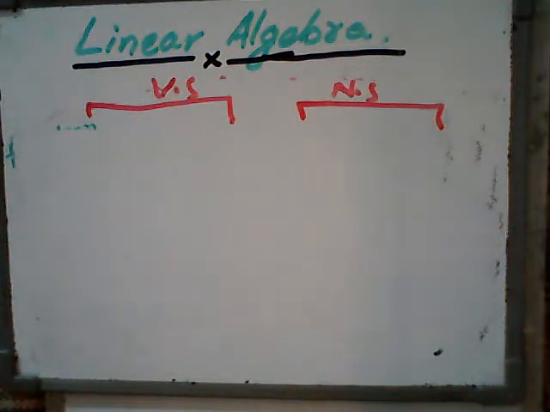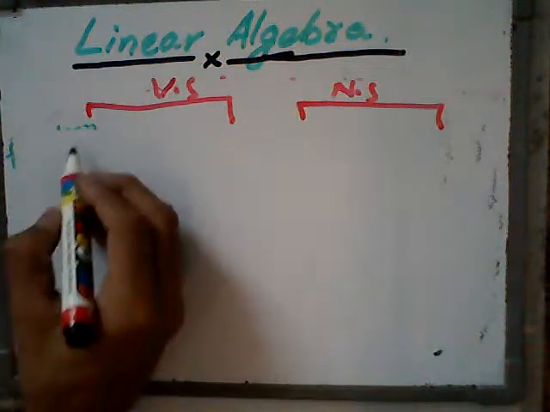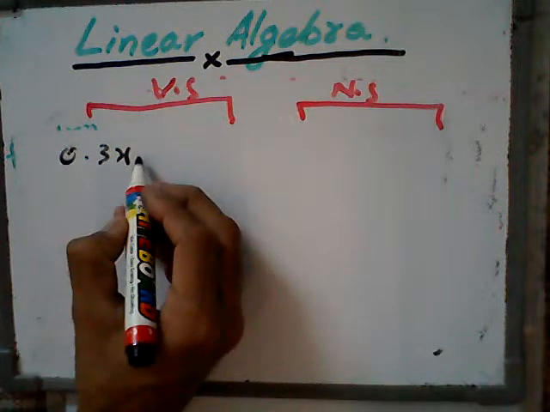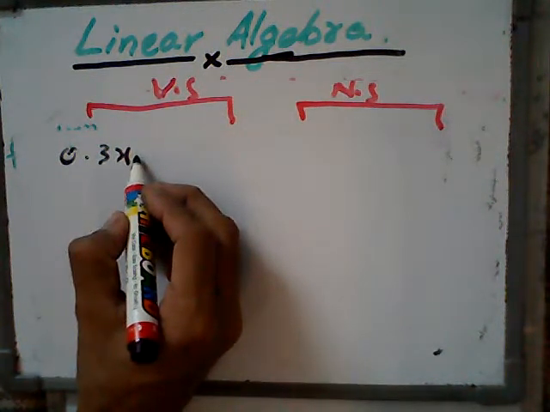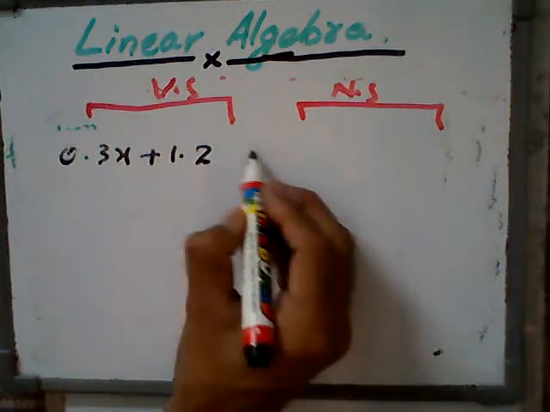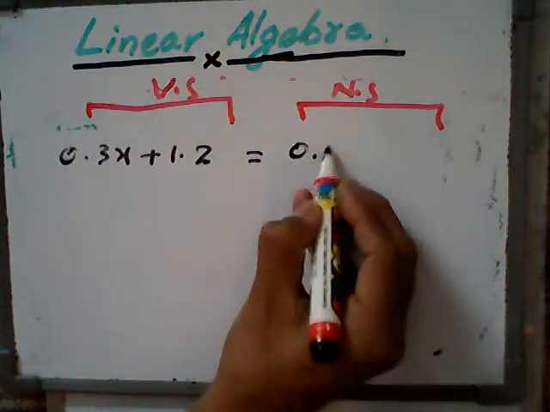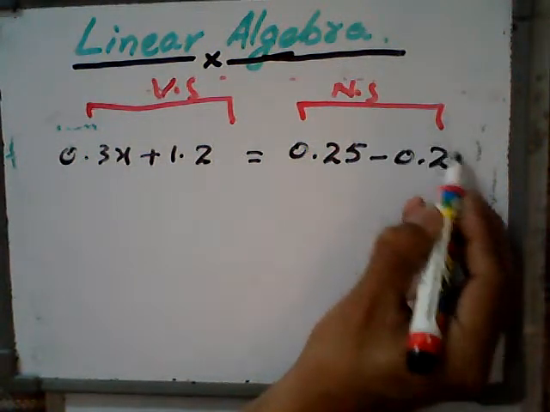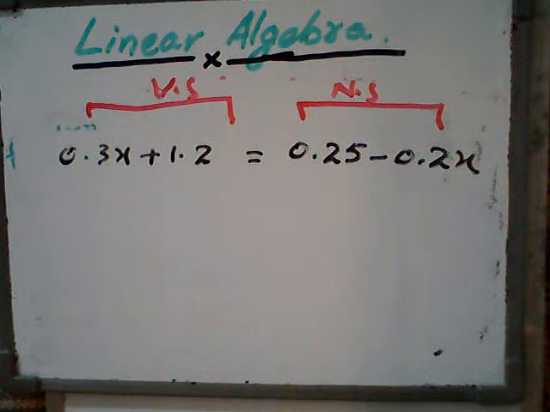Now, looking at this question: 0.3x plus 1.2 is equal to 0.25 minus 0.2x. Okay.